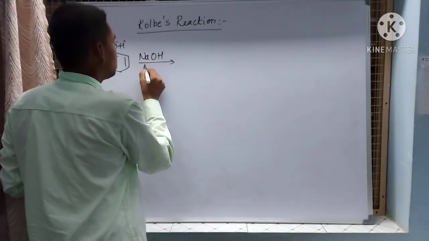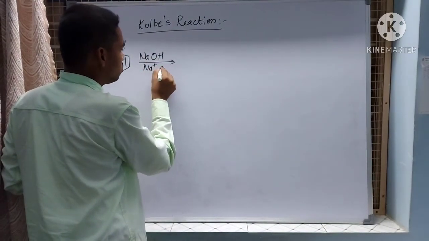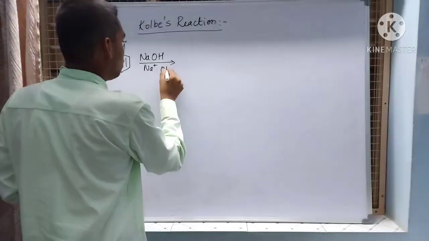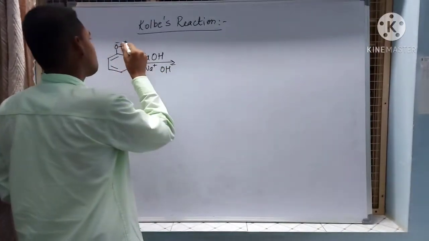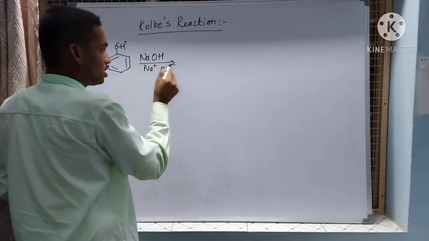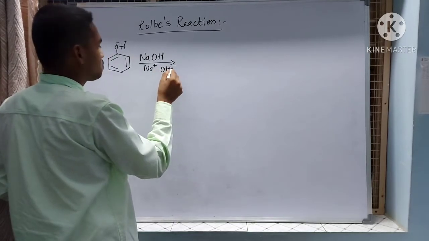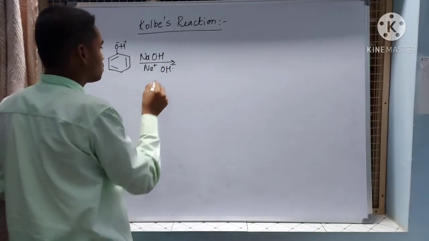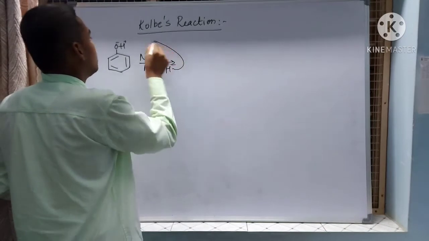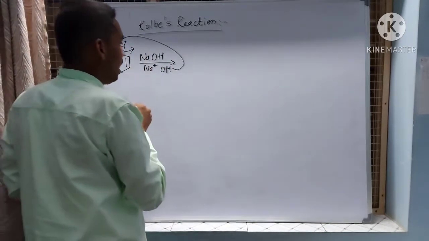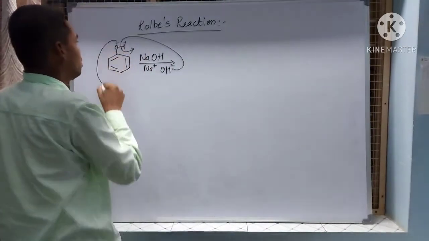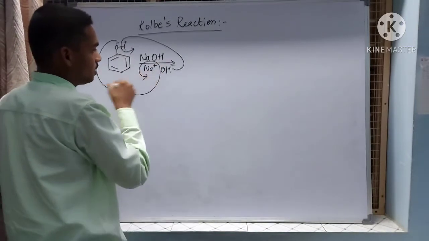And NaOH dissociates into Na plus OH minus. So this OH minus will take away H plus, and this O minus will take away Na plus.